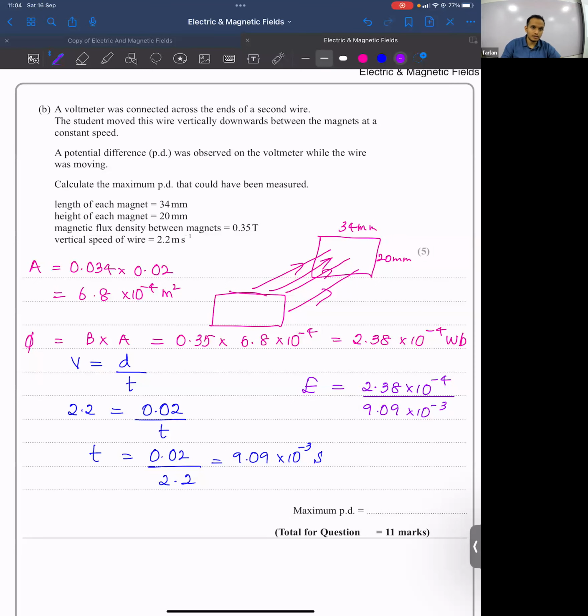No, this is just a wire, not a coil. Okay. 2.38 × 10^-4 divided by 9.09 × 10^-3. I'm getting 0.026 volts.